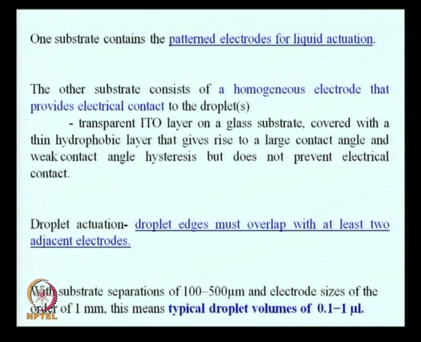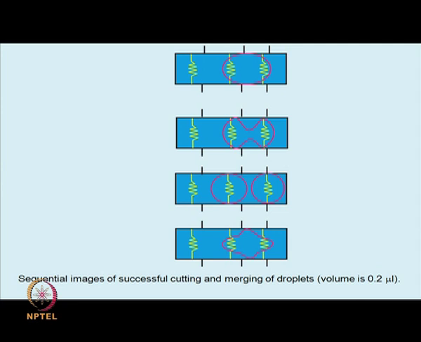The typical droplet volumes encountered in these operations are between 0.1 to 1 microliter.